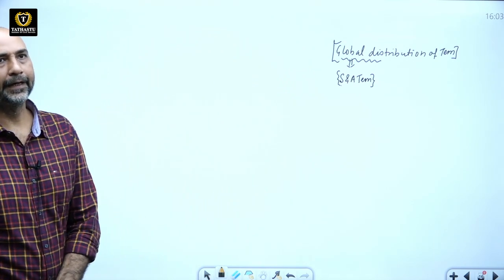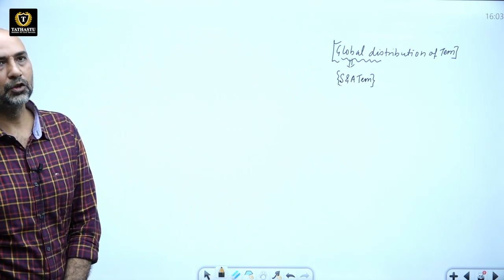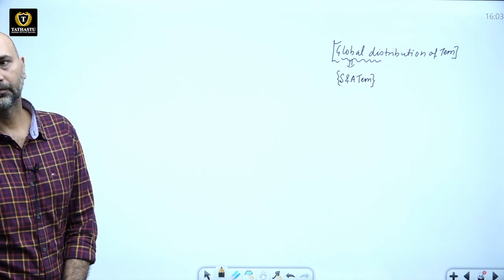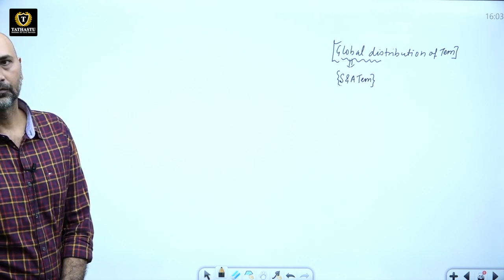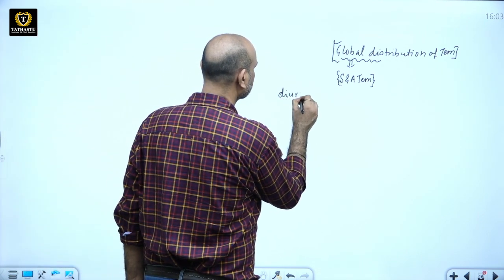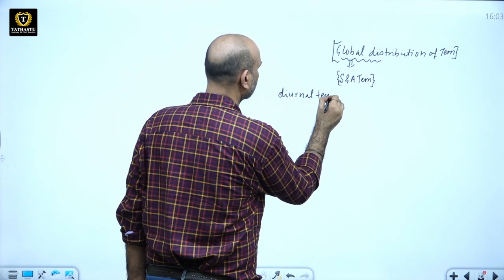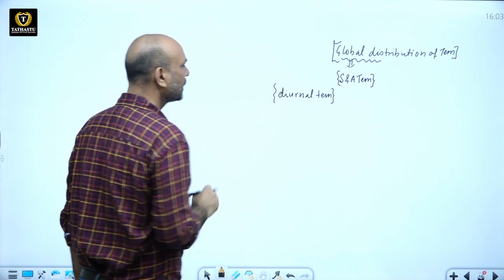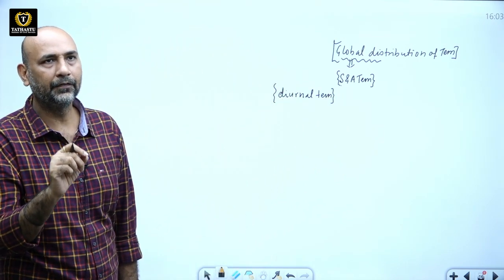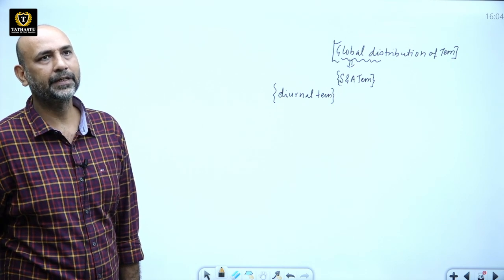These are the indicators, parameters used for studying global distribution of temperature. First, diurnal temperature. Remember that diurnal temperature is the variation of temperature on a given date according to day and night.